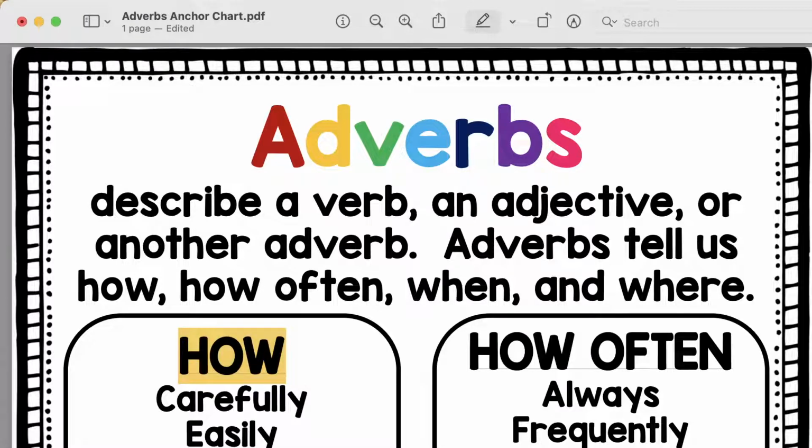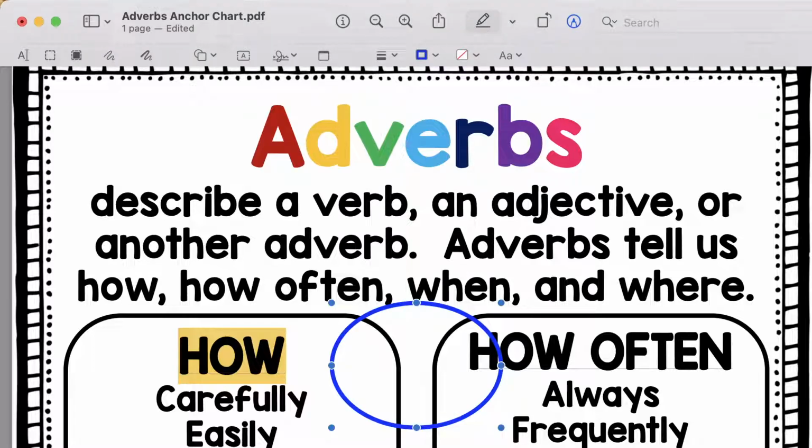Did you notice something in the how category? Did you notice something that's very similar in the how category for all of those words? Of course you did. What is similar in all of those words? Let's make this a little bit brighter color. Oh, there it is.